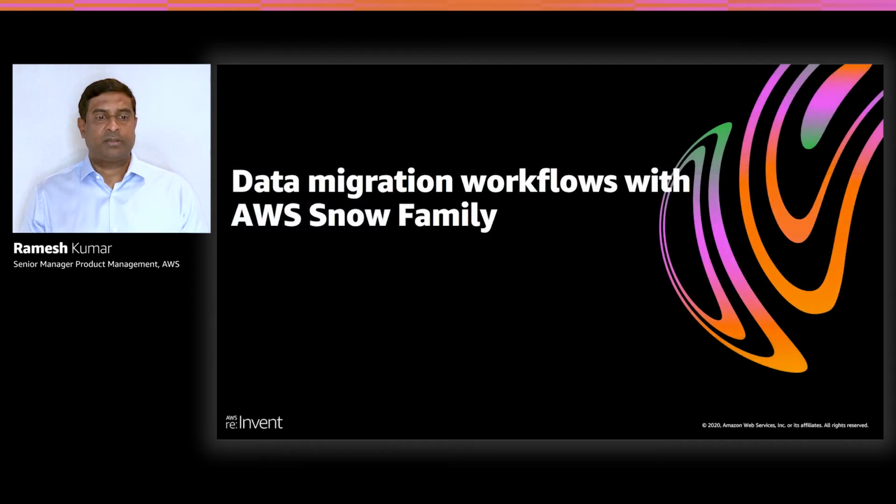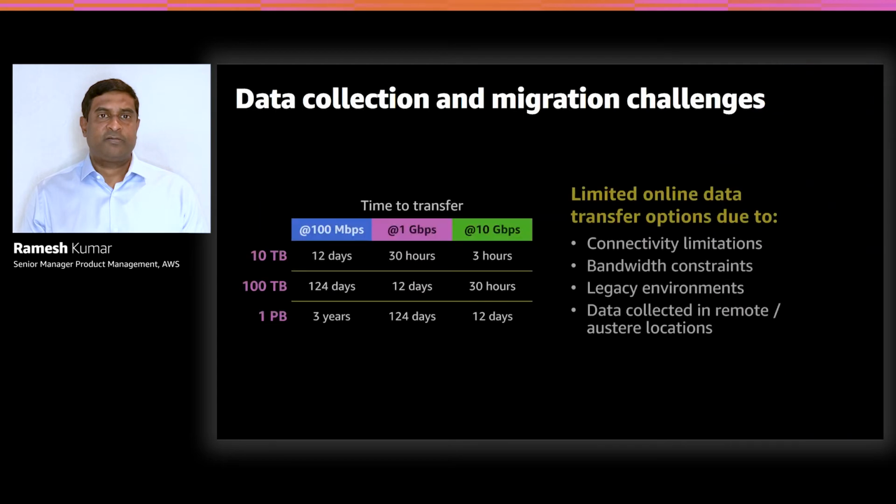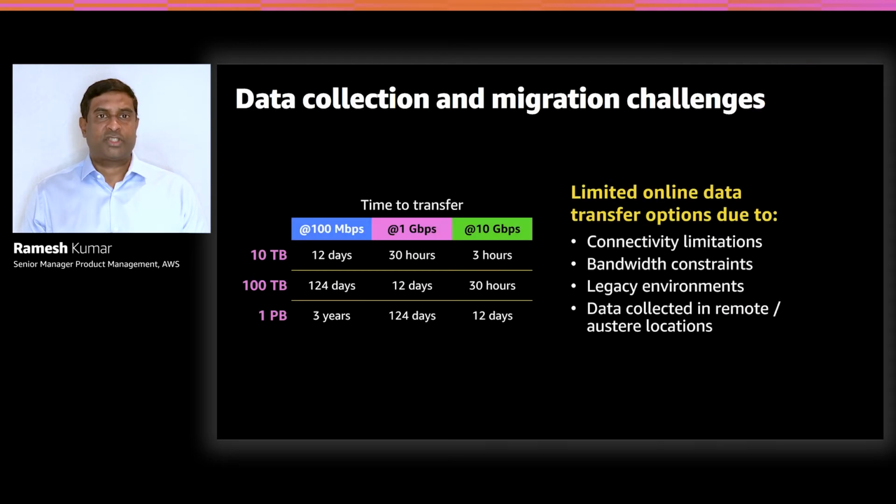In this section, I'll walk you through how customers are using AWS Snowcone and AWS Snowball Edge to implement specific data migration workflows. First, I'll walk you through some of the challenges that customers face when they're migrating data to AWS.